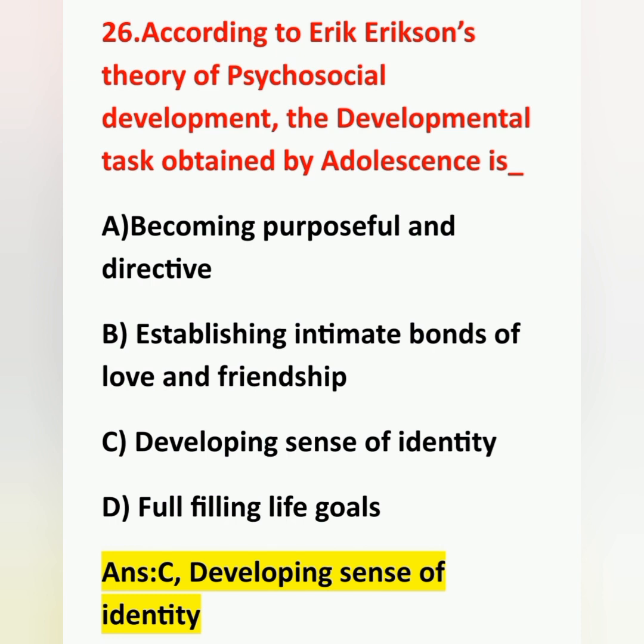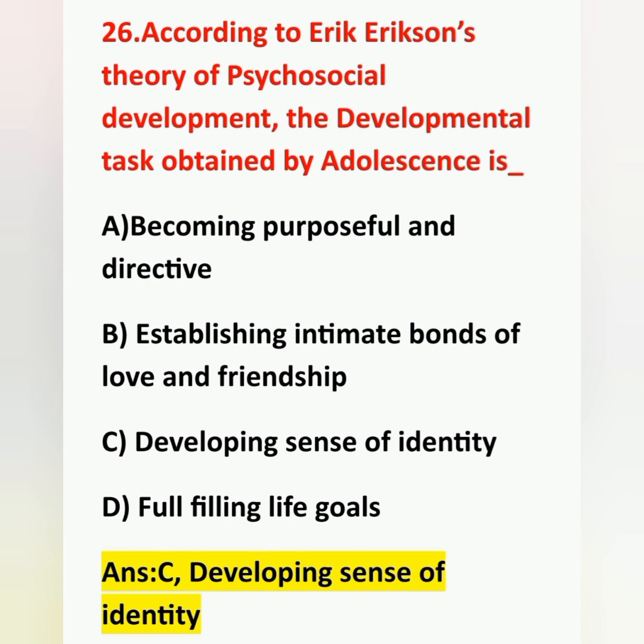Option C is correct. Erikson's psychosocial development stages include infancy, early childhood, late childhood, school age, adolescence, early adulthood, middle adulthood, and late adulthood. In this, the adolescent period is between 12 years to 20 years, and the main psychosocial crisis in adolescence is identity versus role confusion.